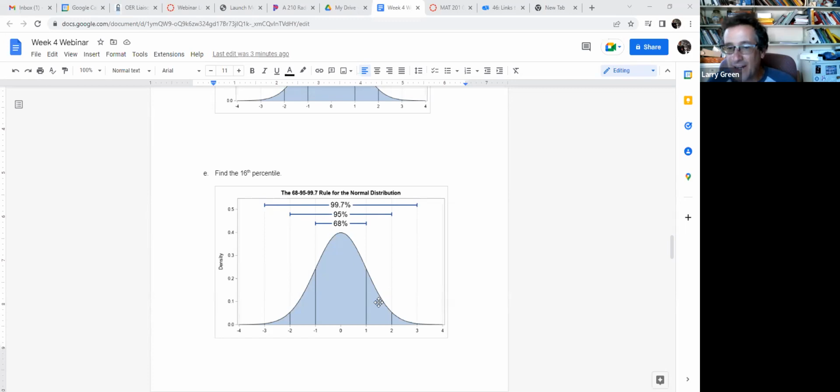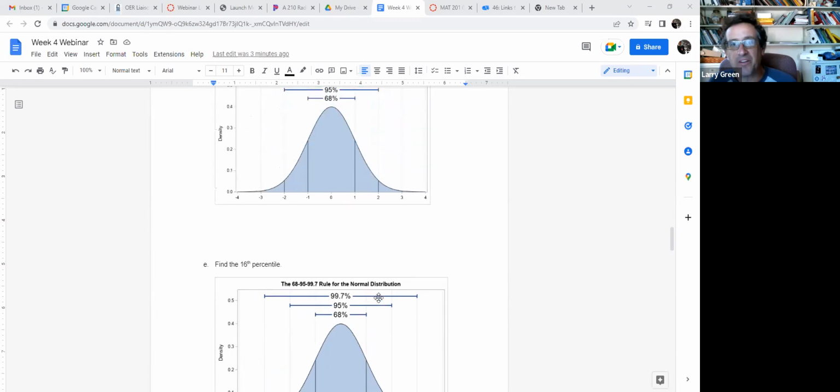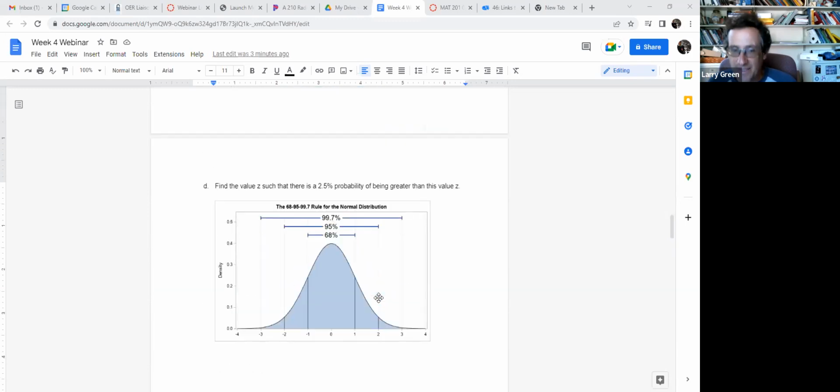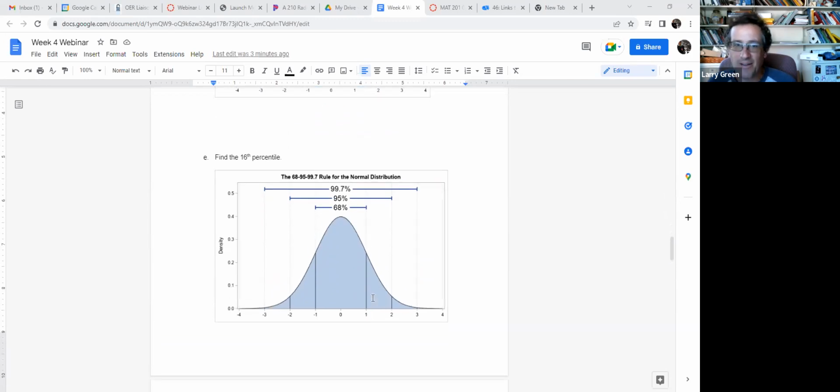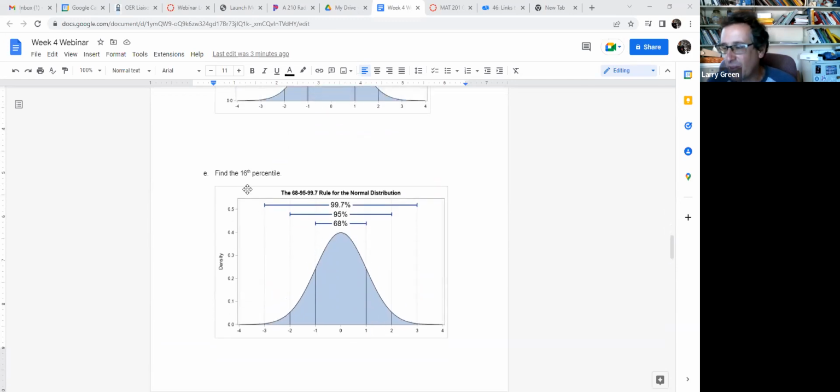And if you can't figure it out, ask a question, and I'll give you some thoughts about it. But it's very similar to what we just did when we found the 2.5% above. Now it's the 16th percentile.